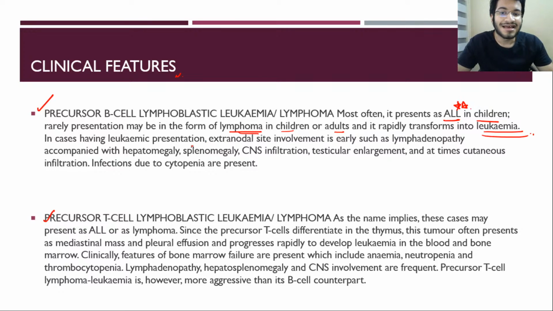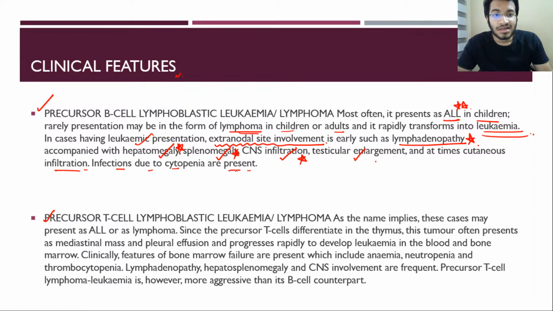In cases having leukemic presentation, extranodal site involvement is early, such as lymphadenopathy, hepatomegaly, splenomegaly, CNS infiltration, testicular enlargement, and at times cutaneous infiltration, right? And infections due to cytopenia are present.